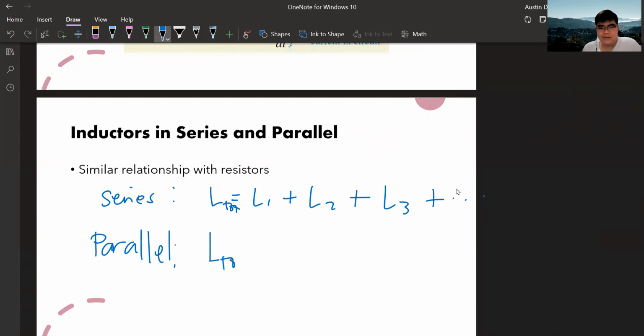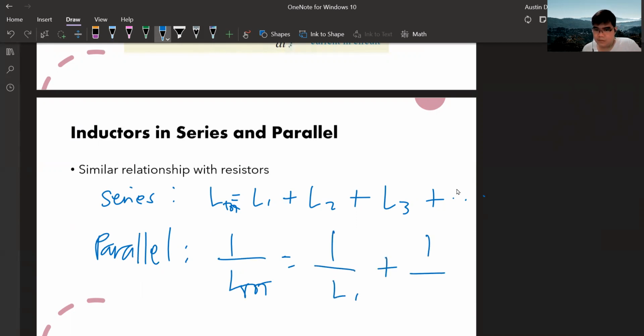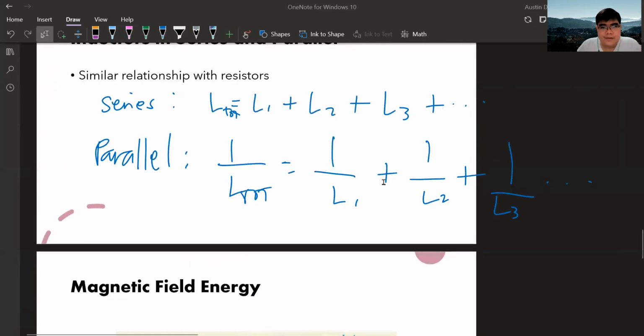Hindi siya madali. And then for parallel connection ng L, ito ay ganito, katulad lang dun sa resistors, L3 and so on. Okay? Ang pangit ng font. Dapat pink. Ayan. Okay, so ganyan lang siya.